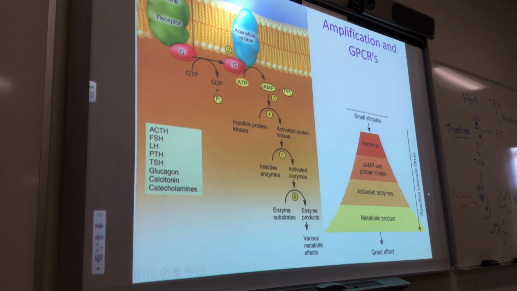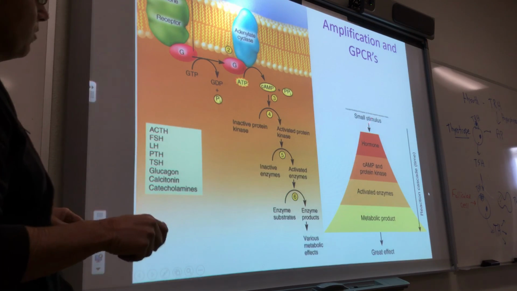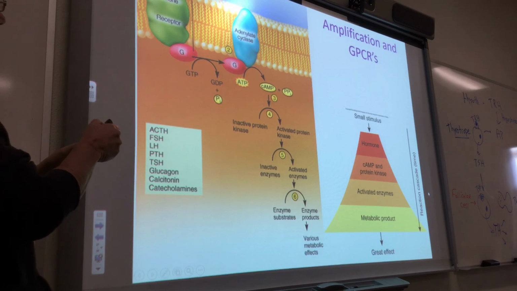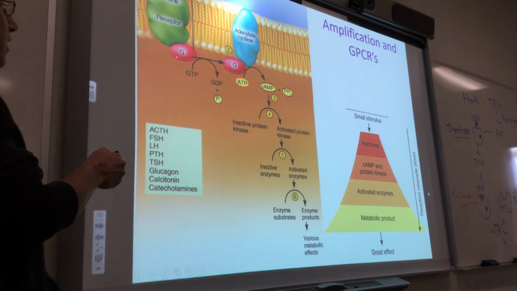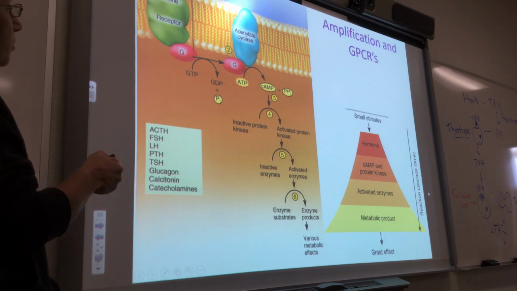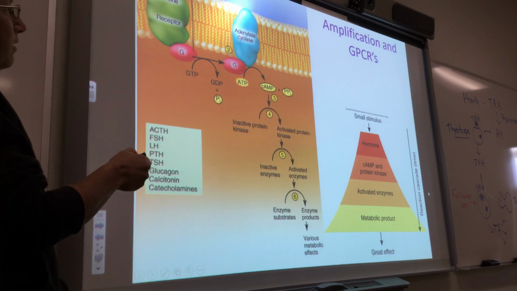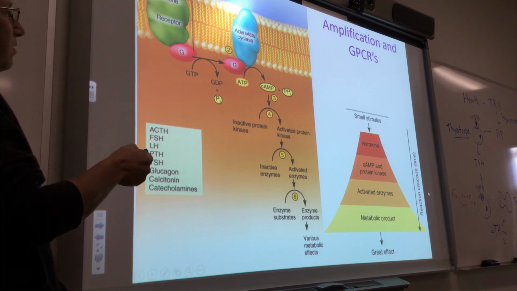On the test, it's a concept of amplification in G protein coupled receptors. So all the amplification concept means is you have a small stimulus. I'm just making these numbers up for illustration. One hormone activates 10 G proteins. Each one of those 10 G proteins activates 100 adenylate cyclases.